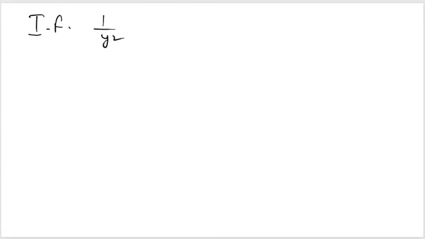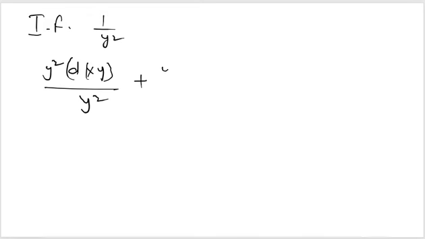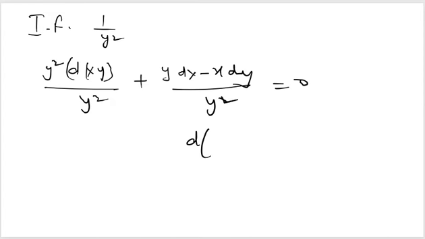Whenever you have this y square in front of d of xy, when you multiply with 1 by y square, here you have y dx minus x dy upon y square. Yes, now I can write this term as the derivative of x upon y.